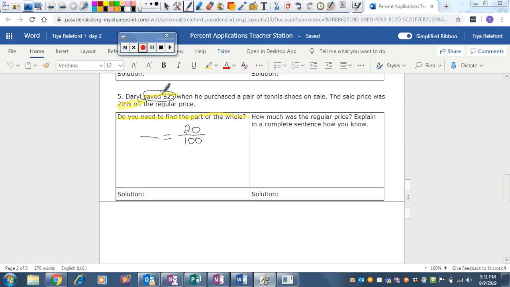Did he save 20% or did he save 100%? Right, he saved 20%. So the 25 is the same as the 20. So if 25 is equal to 20, am I looking for the part or the whole?